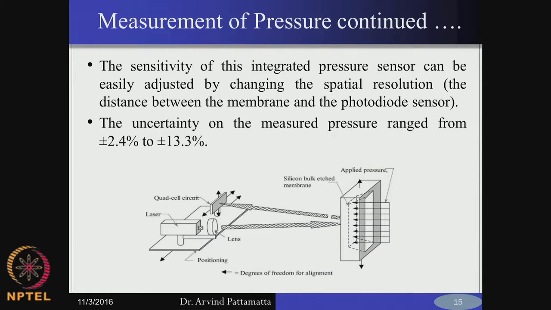The sensitivity of this pressure sensor can be easily adjusted by changing the spatial resolution. If you want it to be very sensitive, place it very close. If the deflection is fairly large, you can keep it further away and you can get reasonable accuracy. And the uncertainty can range from anywhere between plus or minus 2.4% to 13%.